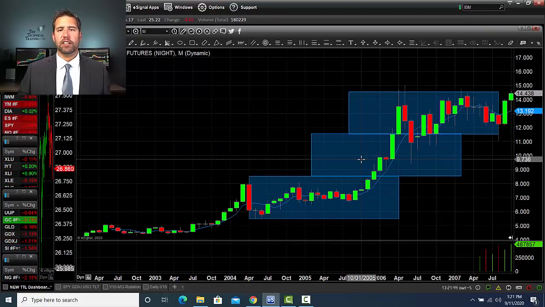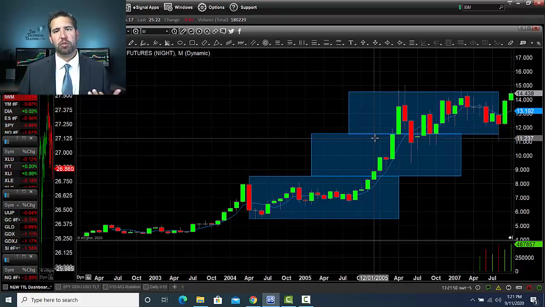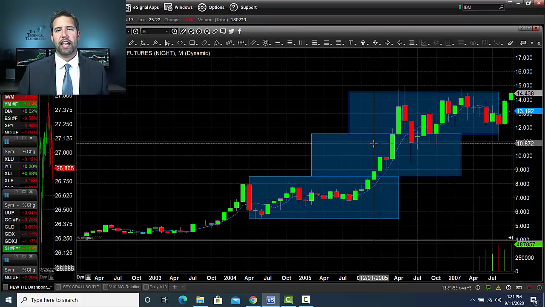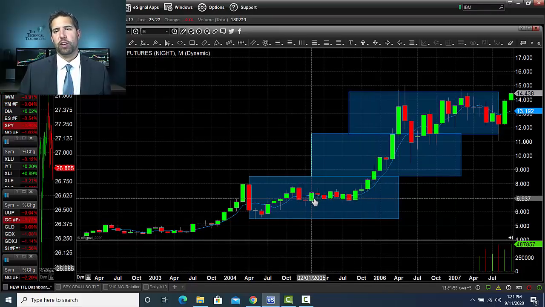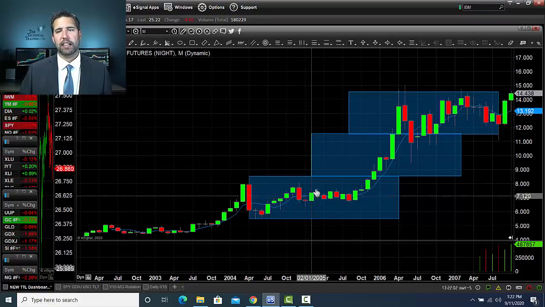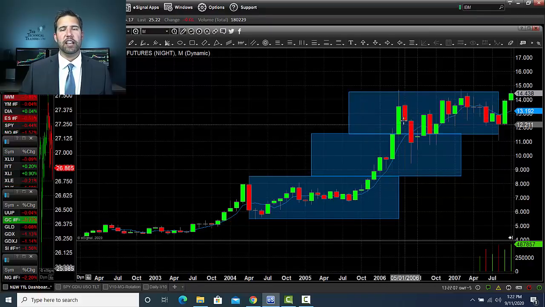And so this is a simple way to get an idea of some upside levels where you could be mentally preparing if you're a long-term investor that, hey, we've just hit a 100% or 200% measured move. Based on this pattern, we could go into a consolidation for a year or two. These are big patterns. They take a long time to play out. So that's kind of where that theory comes into play.